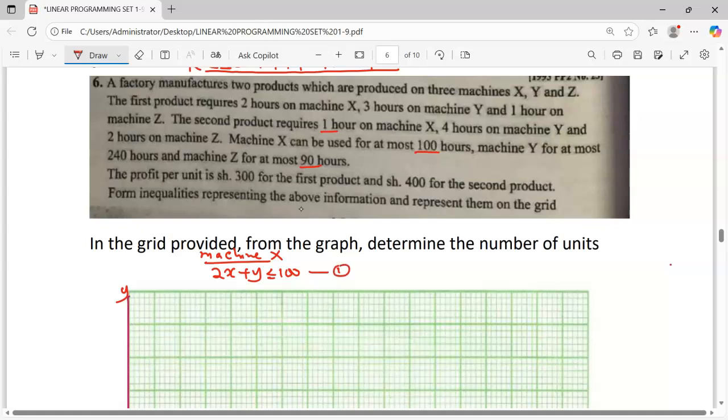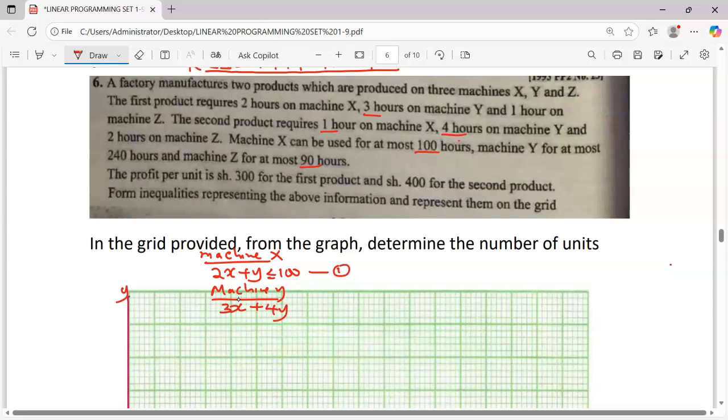We have also been told that on the first product, on machine Y, it is 3 hours on machine Y and 1 hour on machine Z. So we are going to take 3 hours on machine Y. That is 3x plus 4 hours on machine Y again on the second product, so we are going to have 4y.